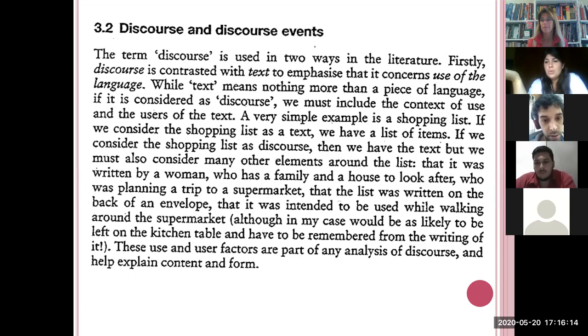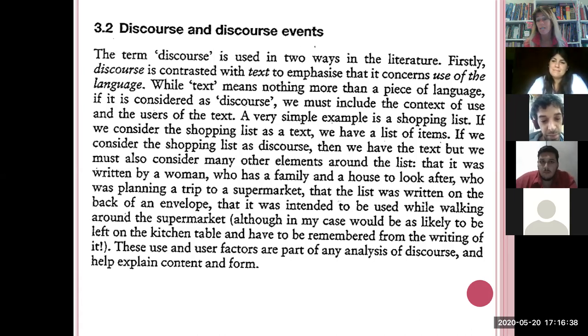Maybe we don't know the context, but we suppose that they are going to meet together and eat some sushi. But we do know the context. And what's the meaning of "see you tonight, sushi"? What meaning do you create, Anna? That tonight we are going to eat sushi for dinner. Exactly, right?